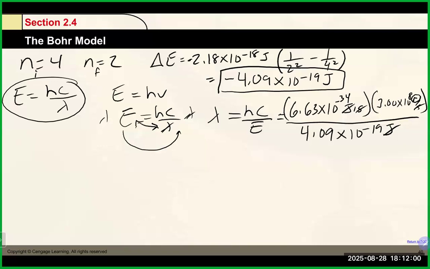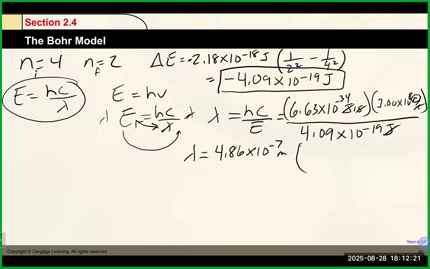And that's going to give us 6.63 times 10 to the minus 34 times 3 times 10 to the 8 divided by 4.09 times 10 to the minus 19. Definitely, again, want to make sure you're using your exponent button. That's going to give us a wavelength in meters of 4.86 times 10 to the minus 7.